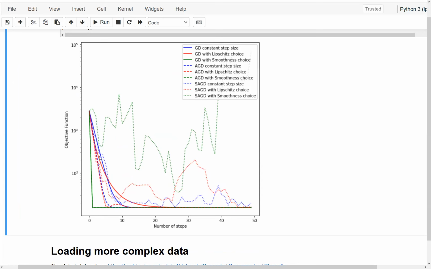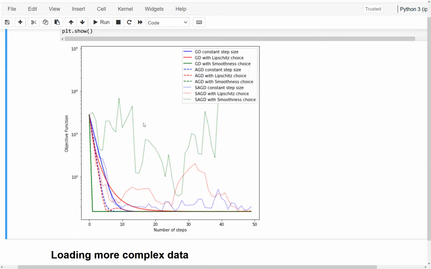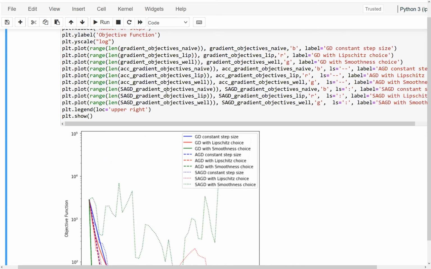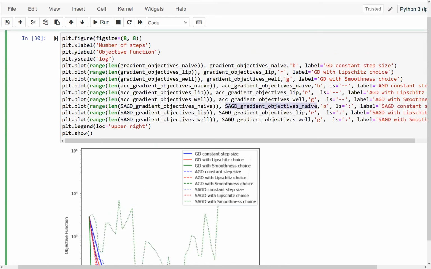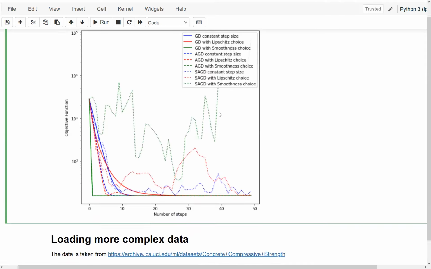So the dashed lines are... I forgot the stochastic gradient descent. I only plotted the stochastic accelerated gradient descent. These are the dotted lines. So the dotted lines, you see, they go down at the beginning, except for the smoothness choice.